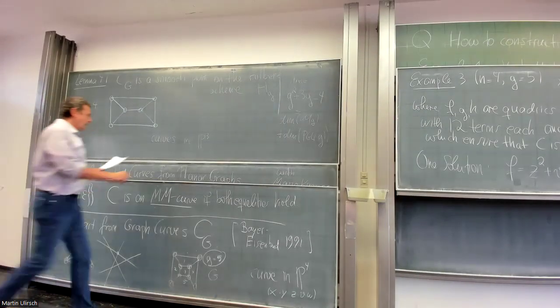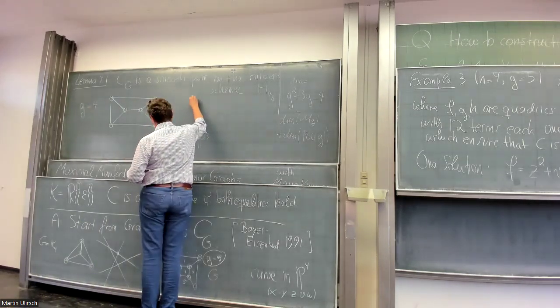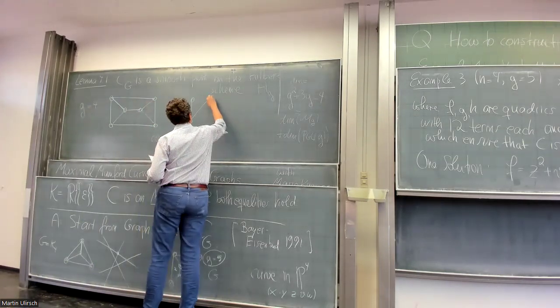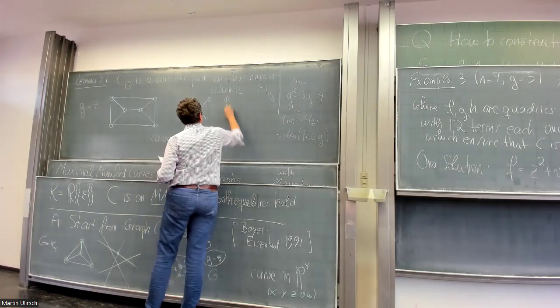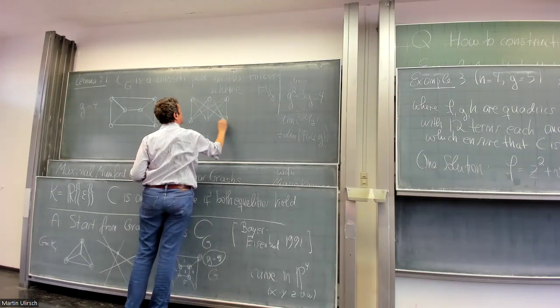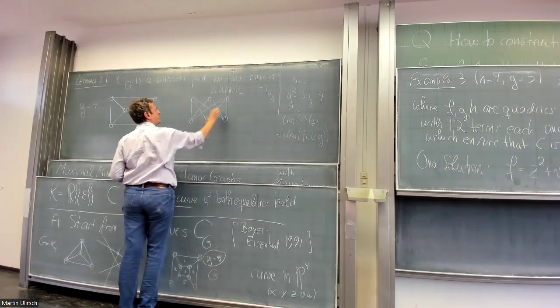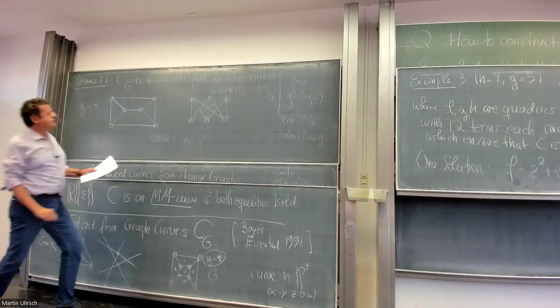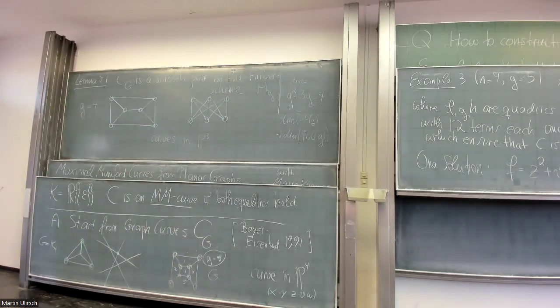Let me give you another one. Another graph of the same genus would be K33. Both of these have 6 vertices and 9 edges. So the curve consists of 6 lines and has 9 nodal singularities.